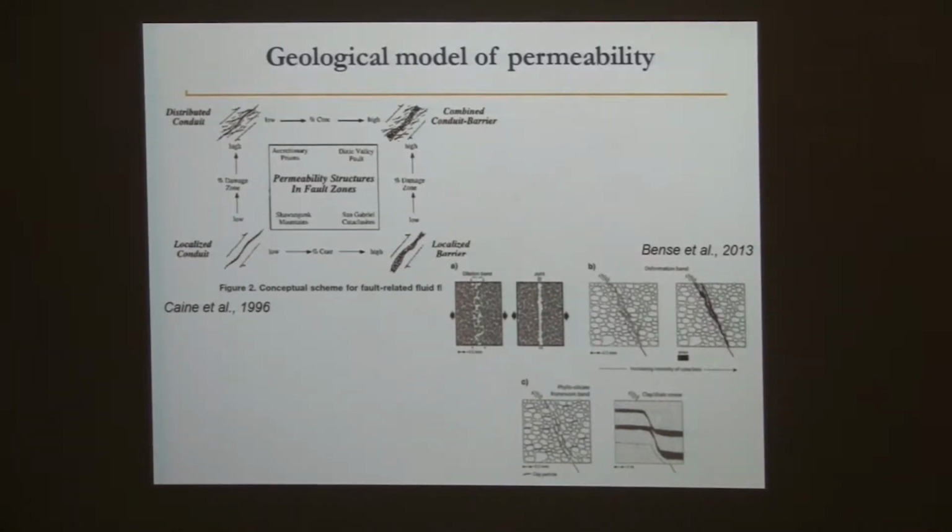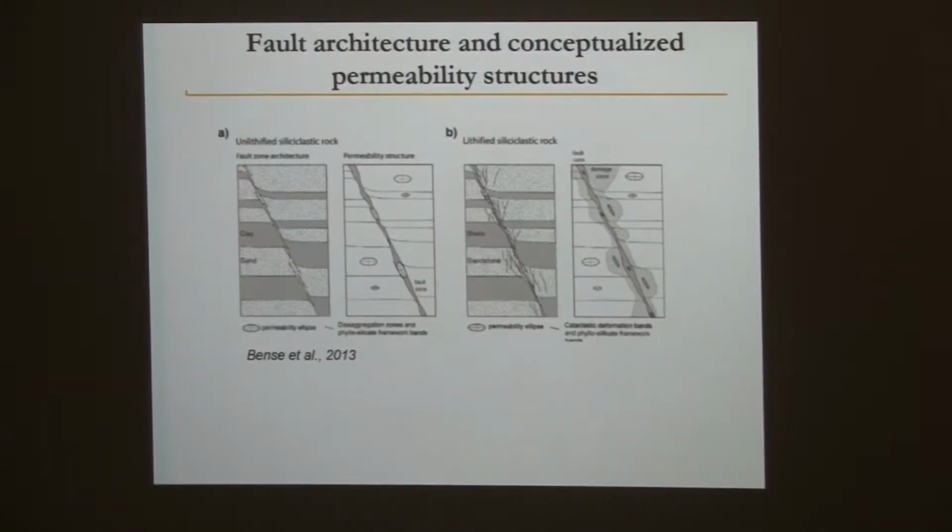So that was just an overview about where fractures come from very rapidly and how we can see or conceptualize permeability structure, at least in some environments. Here this is unlithified or lithified siliciclastic rocks.